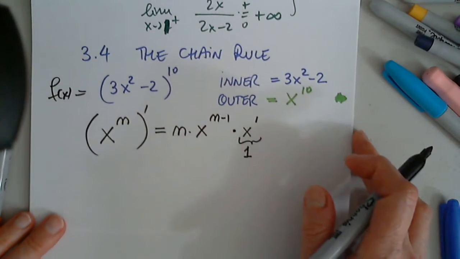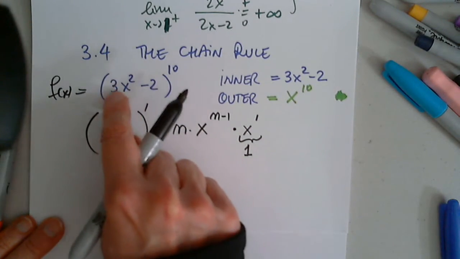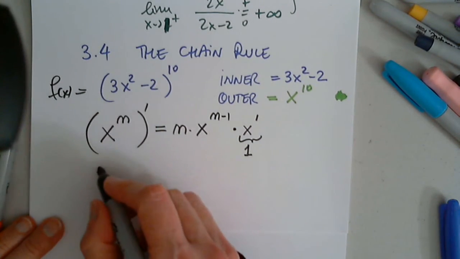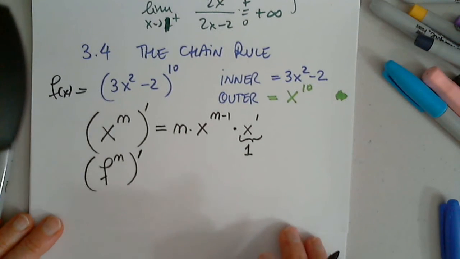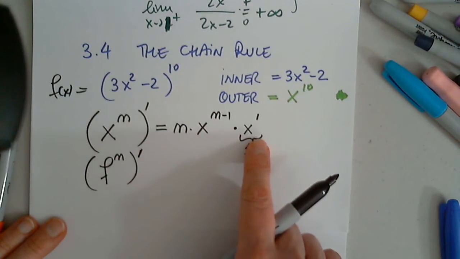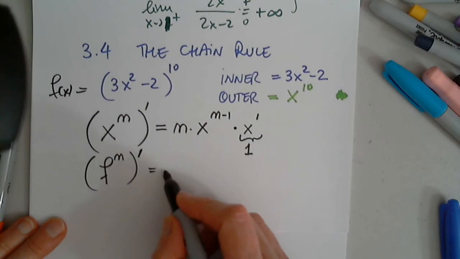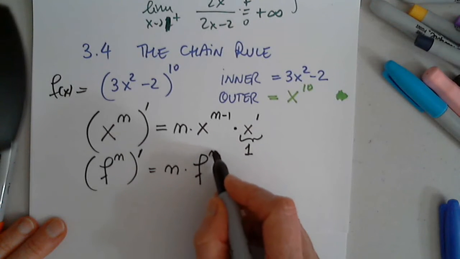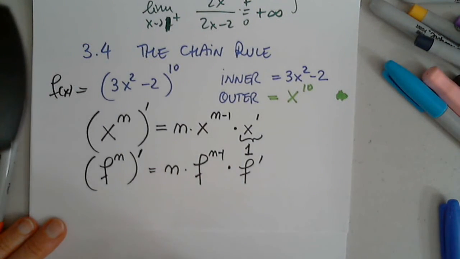Exactly. But now we have a function. We don't have x in here. This is a function of x. So when we differentiate a function raised to a power, we have to follow this, including the function prime. So it's the same rule, f to n minus 1, but multiplied by f prime.